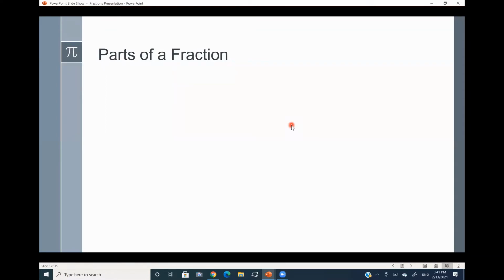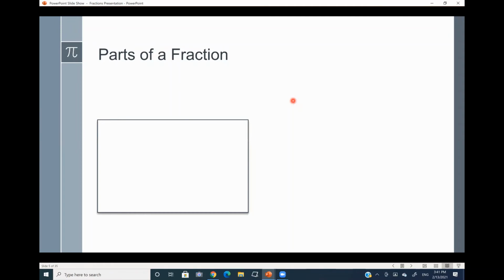Let's remember the parts of a fraction. When you have a whole, you can cut it or split it into equal parts. In this case, we're going to split it in two equal parts. Now, the number 2 is representing the number of parts that you cut your whole into. That is called the denominator.